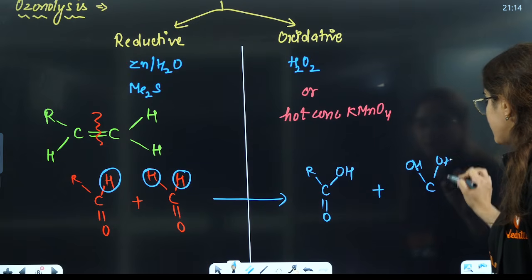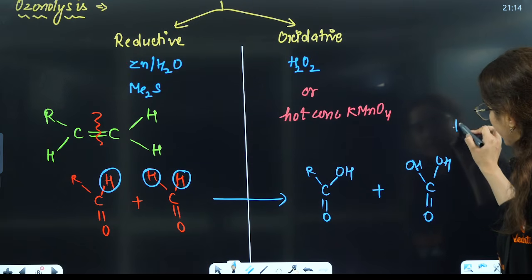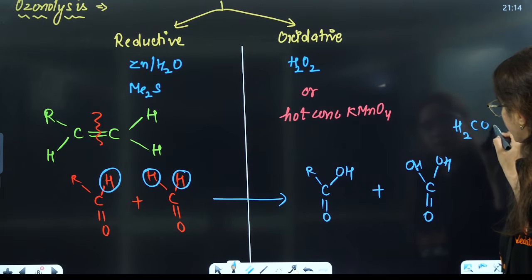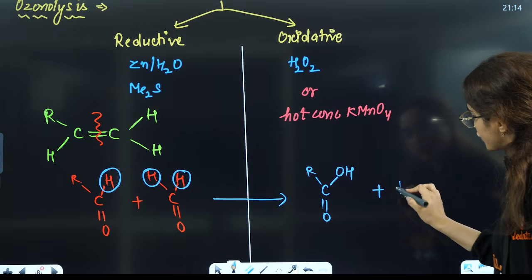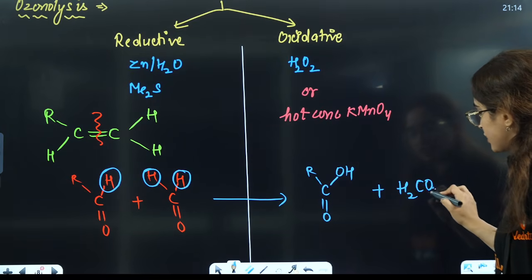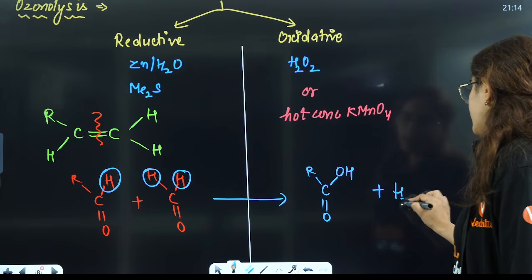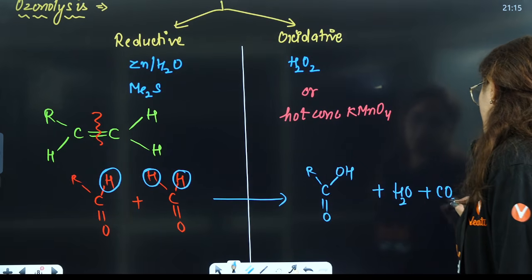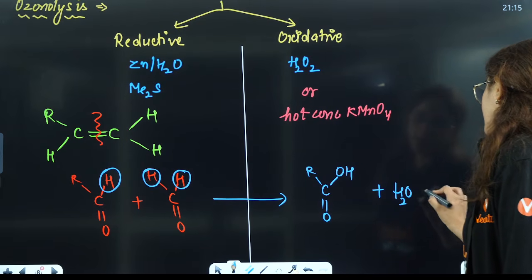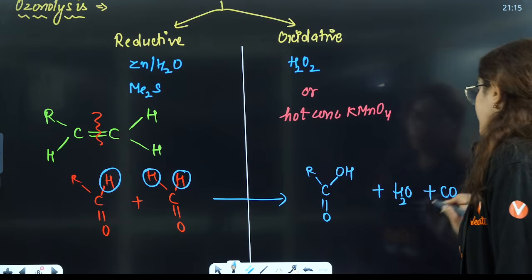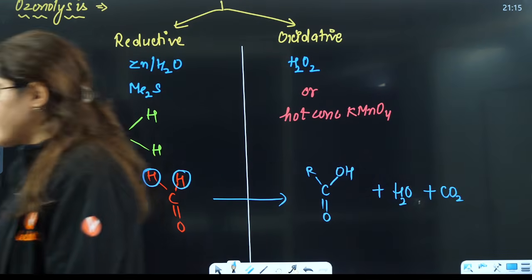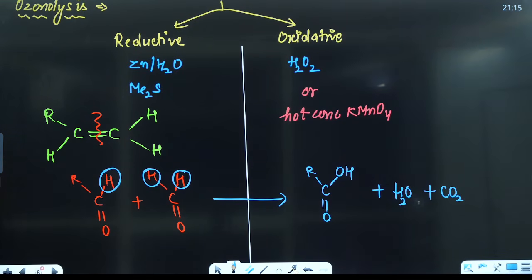This will be OH and this will be double bond O. That is nothing but H2CO3, right? So H2CO3 is actually very unstable, so it is already dissociated to water and carbon dioxide. Okay, everybody, do let me know if that is clear to all of you or not, right?